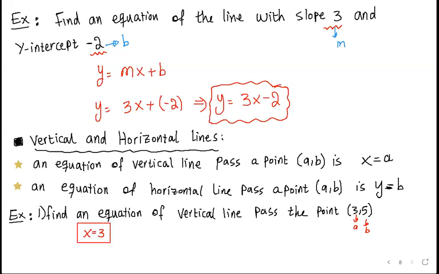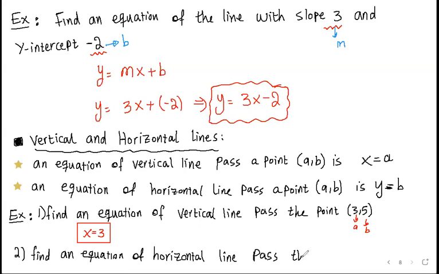Second one, find an equation of a horizontal line that passes through the point (4, 7).